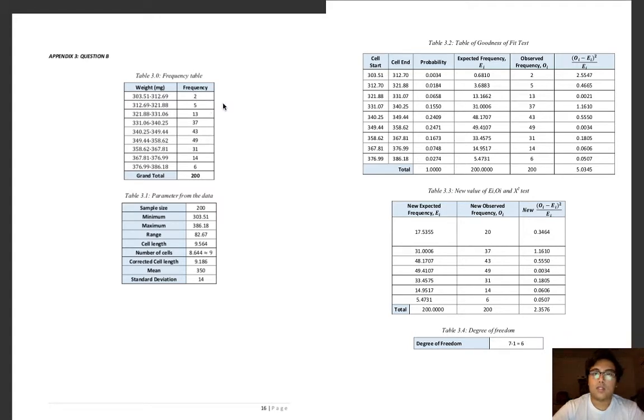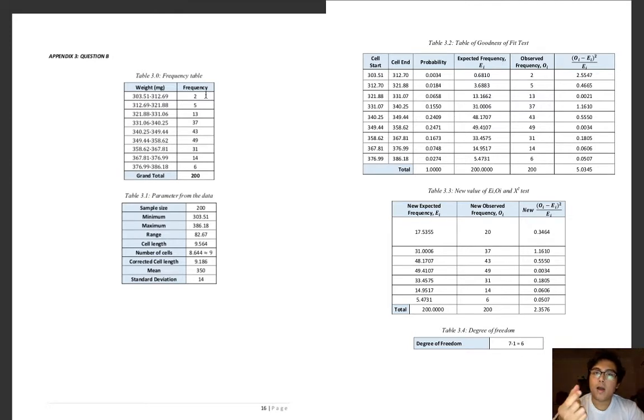Since the expected frequency, Ei, needs to be greater than or equal to 5, we decided to combine the first, second and third range so that the value of Ei is not less than 5. The reason we combine the first three is that if we combine only the first and second range, the value of Ei is still not greater than 5.